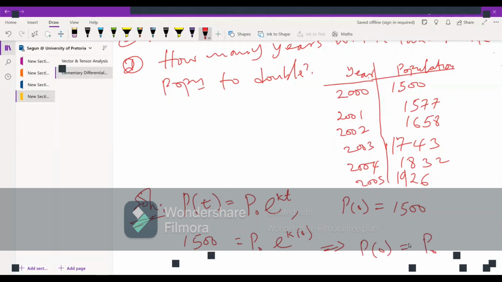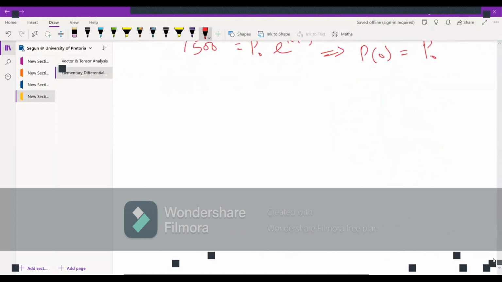So P of t is equal to 1,500 exponential kt.